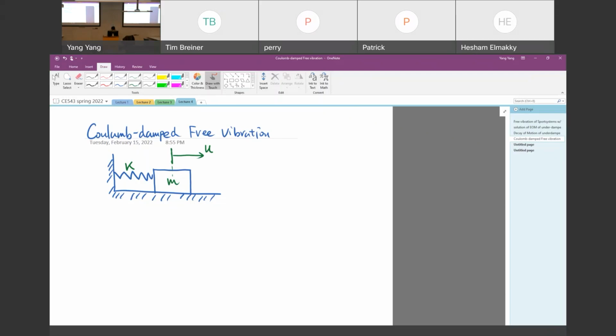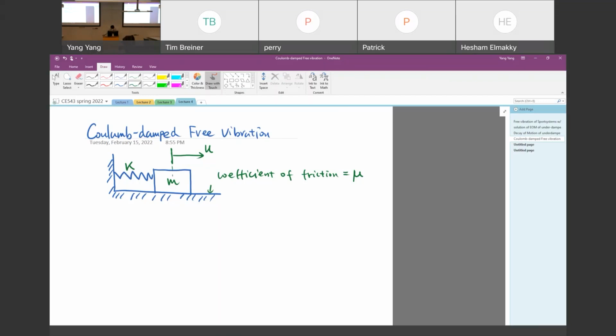If we know the coefficient of friction is equal to mu, then if you excite the system to vibrate, because of the friction the vibration will decay with time.